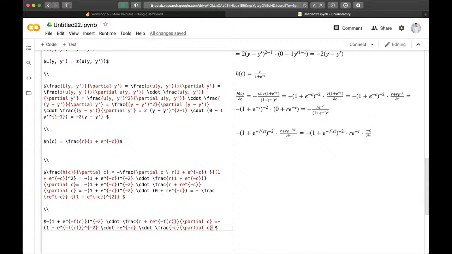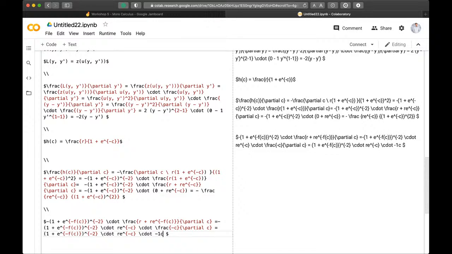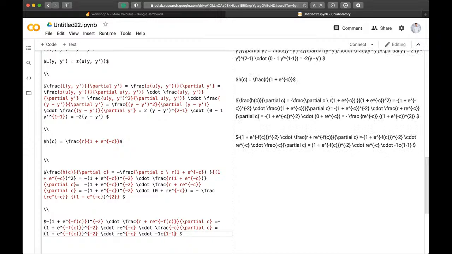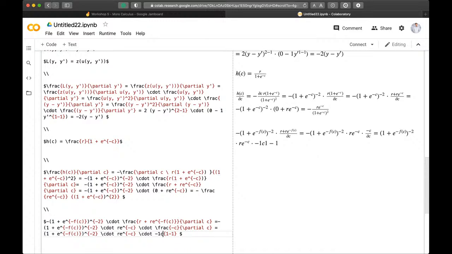If we just rewrite it in a very dumb way, we will see that this is minus C, so 1 times minus C, then 1 minus 1. So this is then the 0, and then this is a 1, and then this is just a minus 1.